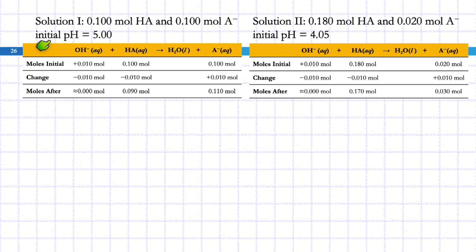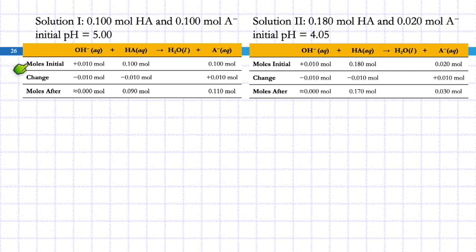Initial pH is 5. Here we have a fair amount of acid and only a little bit of the base. These add up to the same number of moles, right? It's 0.2 moles of one or the other, but here it's split evenly and here it is not split evenly.